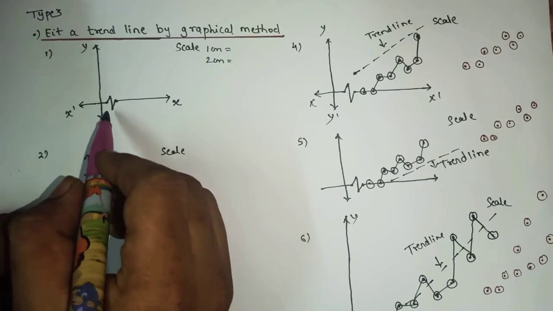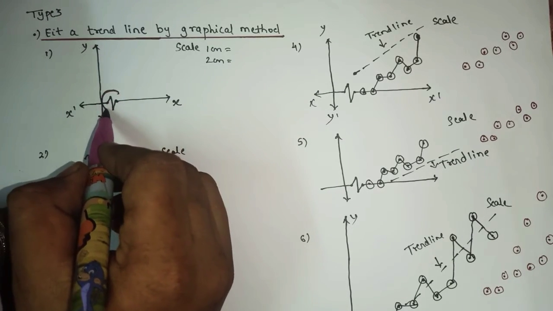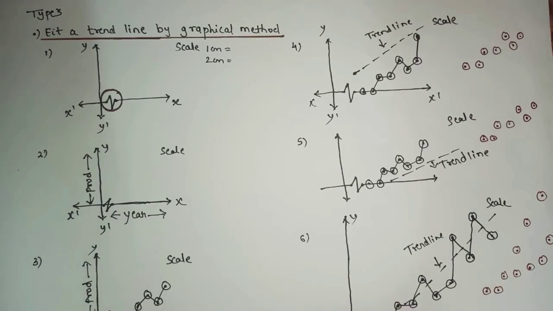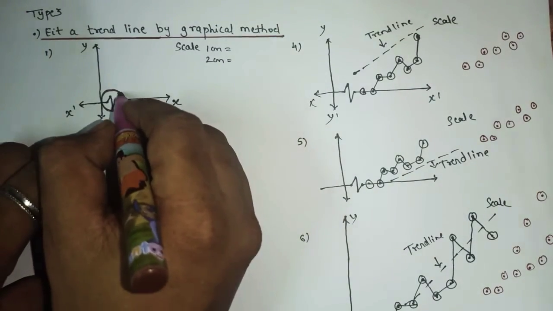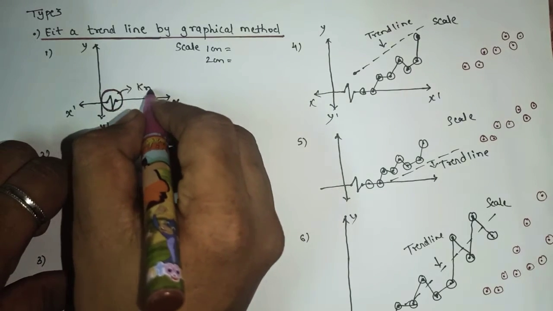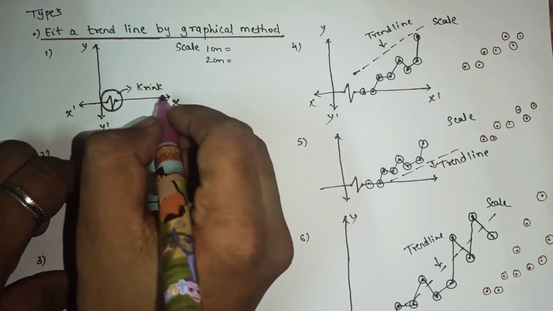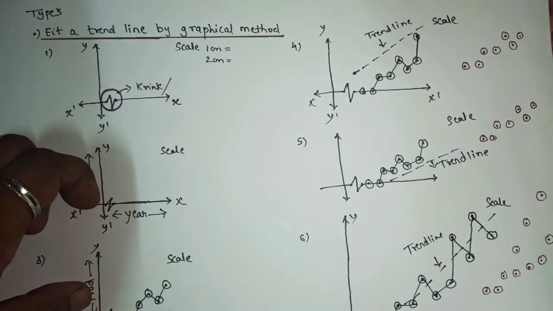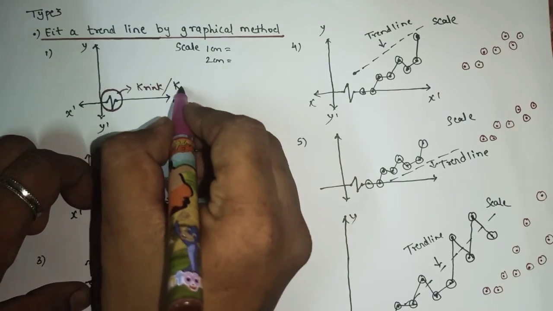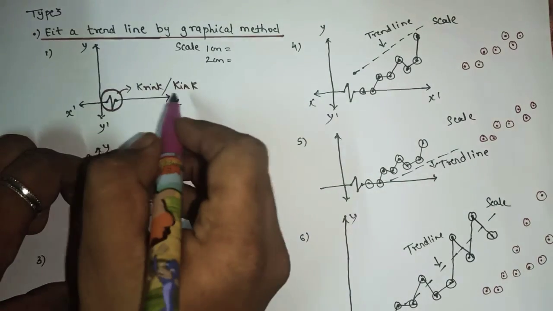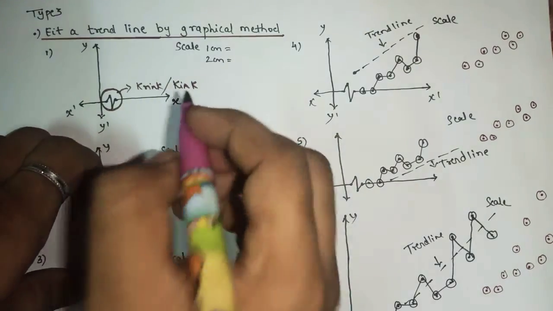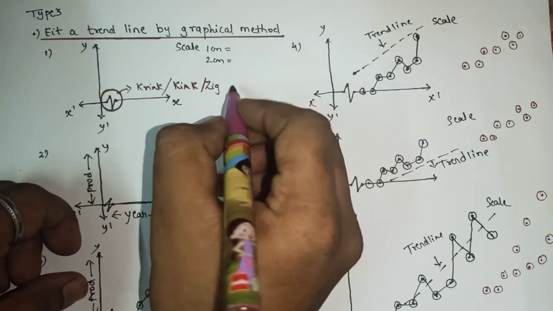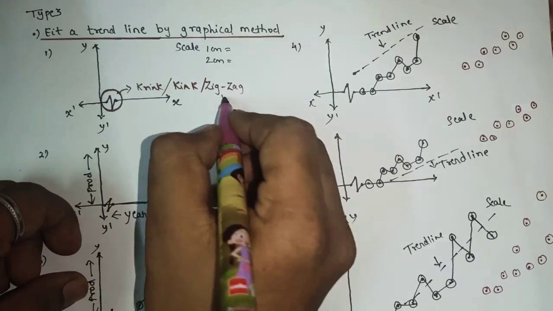Now you all might be knowing this symbol. We used to draw it in histogram and frequency polygon in 10th standard. Yes or no? This symbol is actually known as crink, K-R-I-N-K. In some textbooks it is written as kink also, K-I-N-K. Crink and kink are one and the same, or in simple language we can say it is a zigzag line.